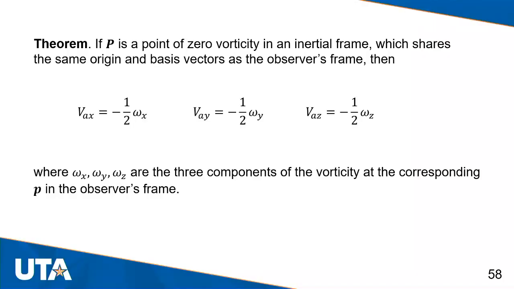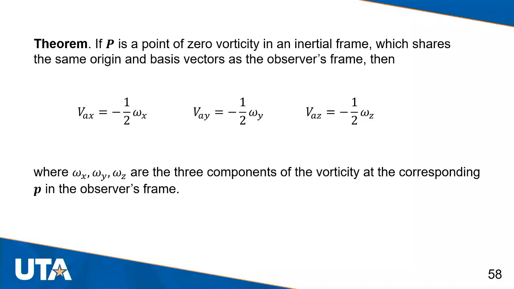If we can find a point at which the vorticity is 0 in an inertial frame, then we know the observer's angular velocity is negative 1/2 omega x, negative 1/2 omega y, and negative 1/2 omega z, where omega is the vorticity.